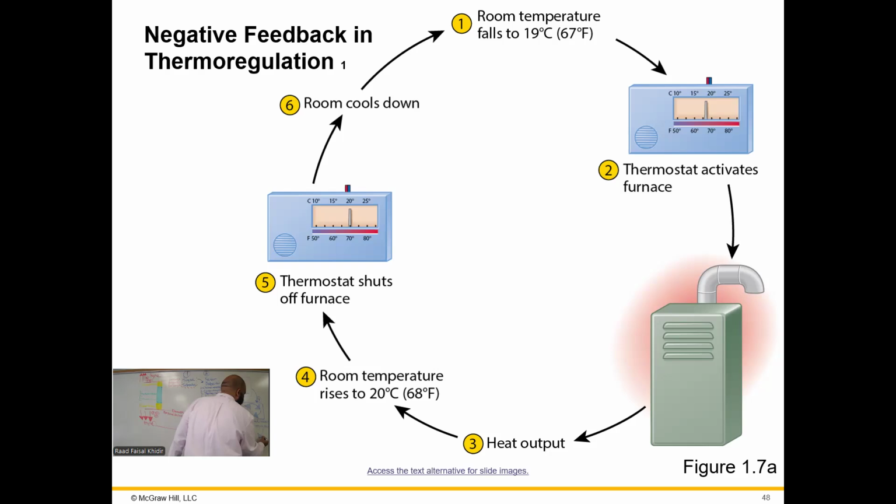Step number 6 is now we're going to have an output. If we had an input coming in, now we have an output. If the input is sensory, the output is motor.